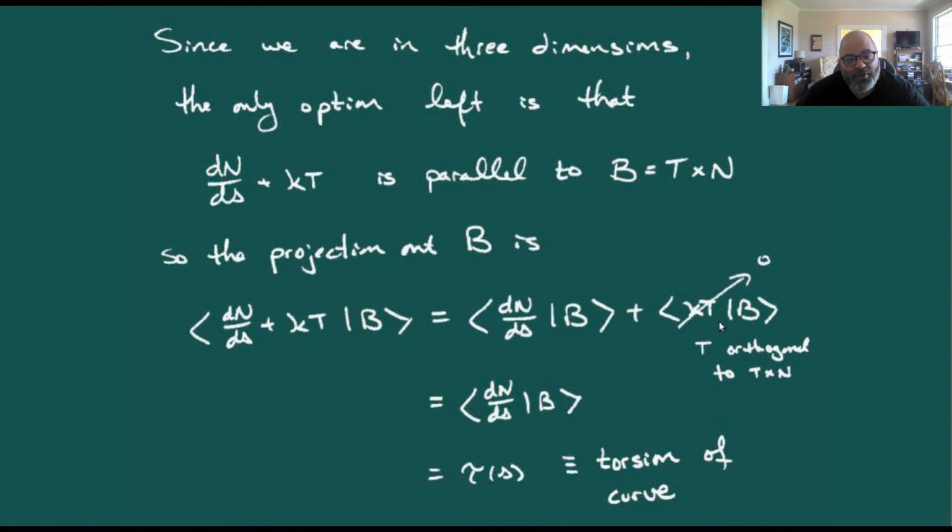And again, remember that the binormal, because it's a cross product, was perpendicular to the unit tangent, so that one's going to go to 0. What this leaves us with is just the projection of the binormal vector onto the derivative of the unit normal. And that quantity we're going to give a name, a new function, and call this the torsion of the curve.